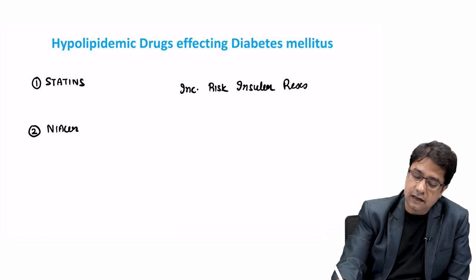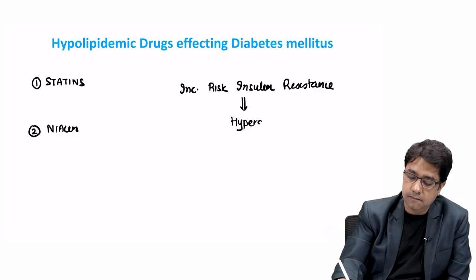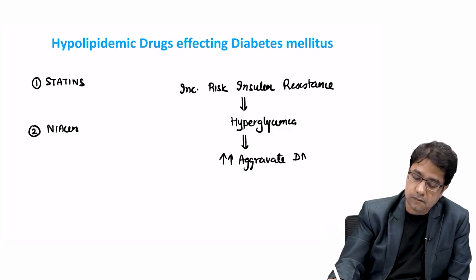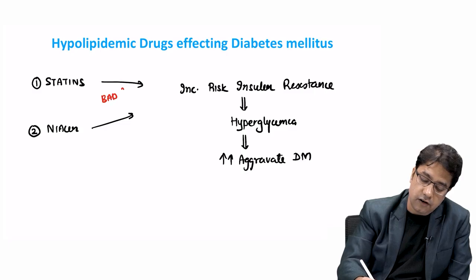And you know that if there is insulin resistance, there will be hyperglycemia. Because of hyperglycemia, they themselves aggravate diabetes mellitus. So statins and niacin, these drugs are bad for diabetes mellitus.